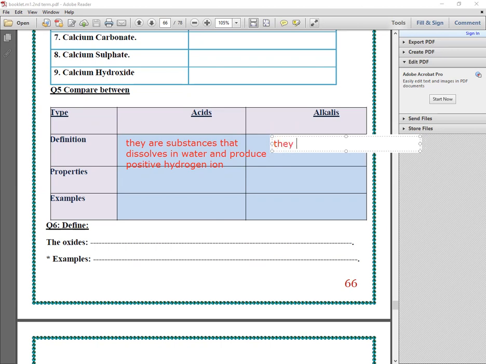So they are substances that dissolve in water and produce negative hydroxide ions.